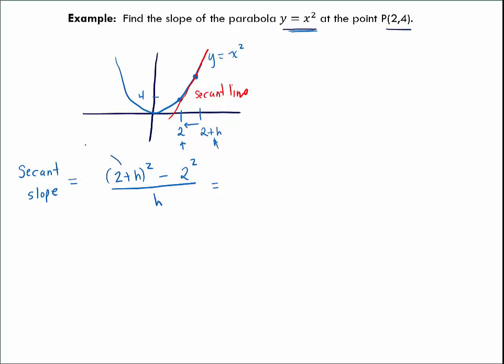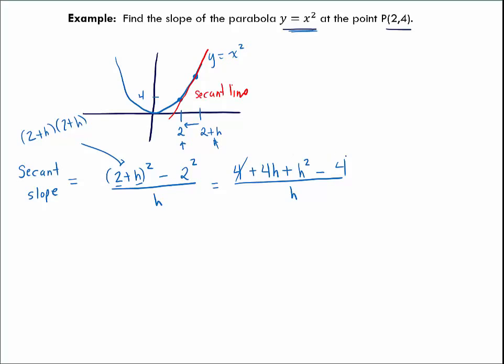Let's just do the algebra stuff. And once again, this piece right here is FOIL. I'm going to do that shortcut that I mentioned that says you square the first one. 2 squared is 4. You take 2 times these two terms, so 2 times 2 times h, which gives me 4h, and then you square the last term, which is h squared, and then minus 2 squared, which is 4, all over h.